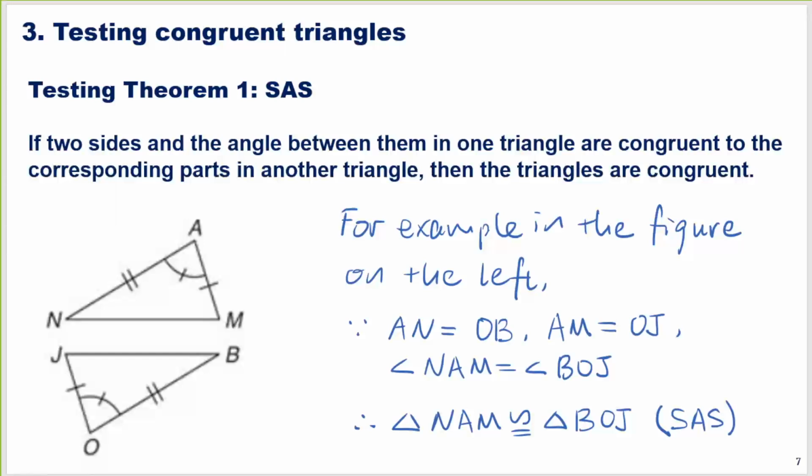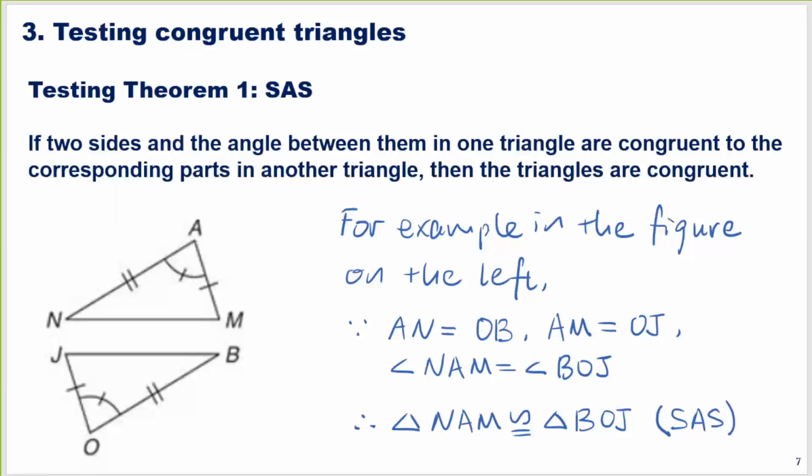In such a way, by testing theorem 1, SAS, which means side-angle-side, we have triangle NAM is congruent with triangle BOJ. This is called testing theorem 1, SAS.